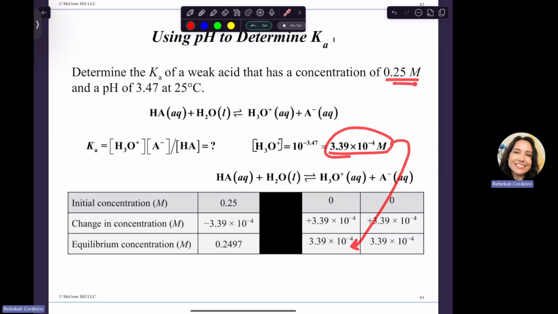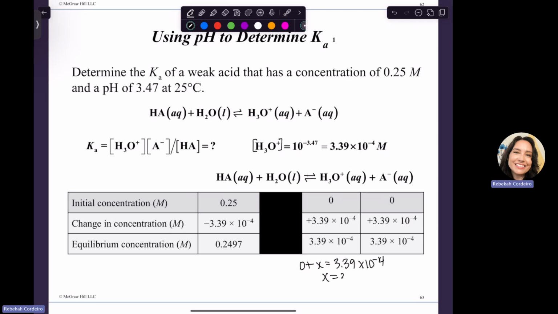And then they gave us our starting amount, right? If I know the starting amounts were 0 for my products, and I know the end result, that means the change must have been plus. So 0 plus what is 3.39 times 10 to the negative 4? Well, that's my change. Apply that same change here. So basically we said 0 plus x equals 3.39 times 10 to the negative 4, so x is equal to 3.39 times 10 to the negative 4.